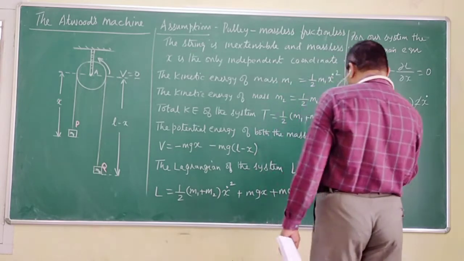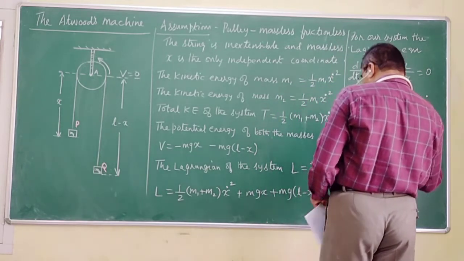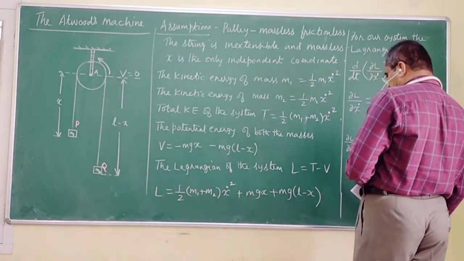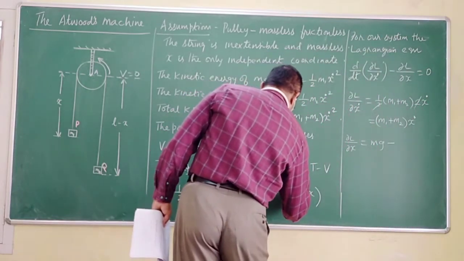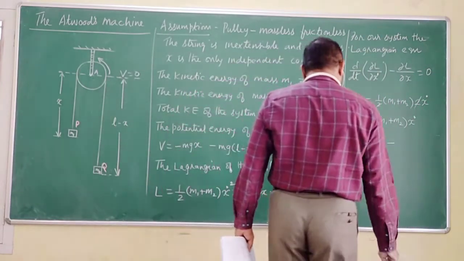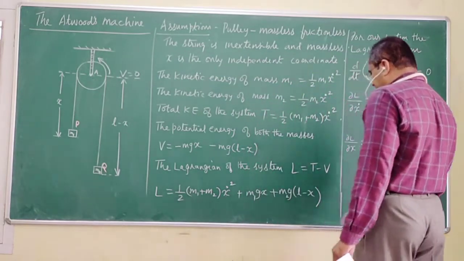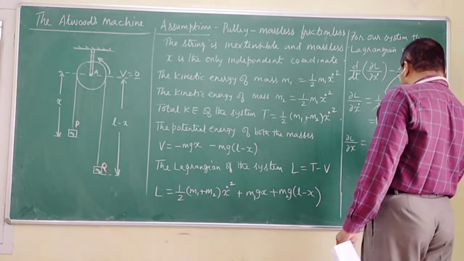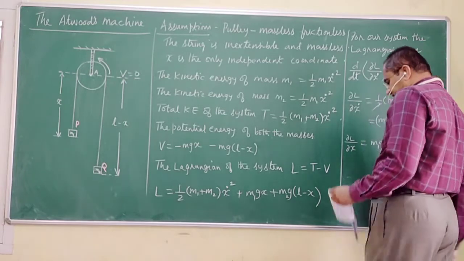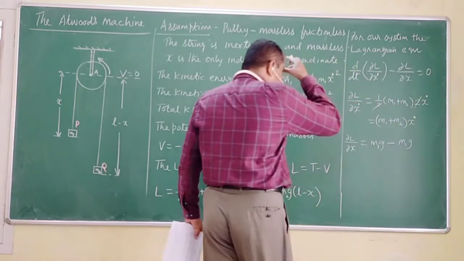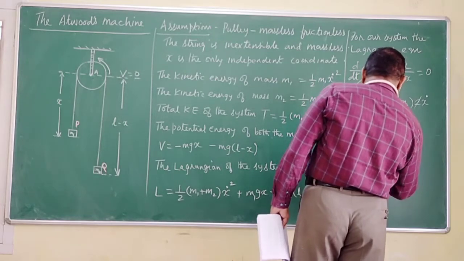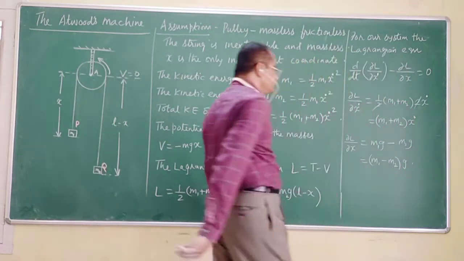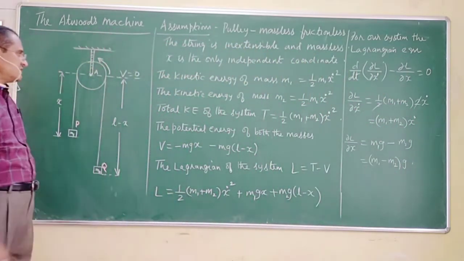That will be mg minus, this must be m1g, m2g, therefore m1g minus m2g. Finish. Is that okay? Therefore it can be written as m1 minus m2 into g.